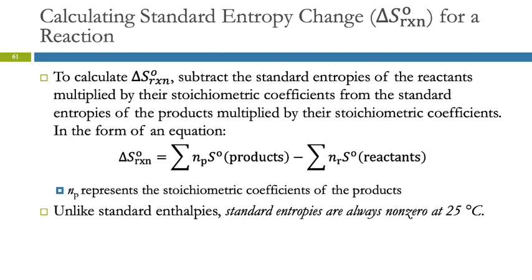When we did this with delta H, anytime we had elements, their heats of formation were 0. Here we're not going to run into any zeros. Nothing has 0 entropy at 25 degrees Celsius.